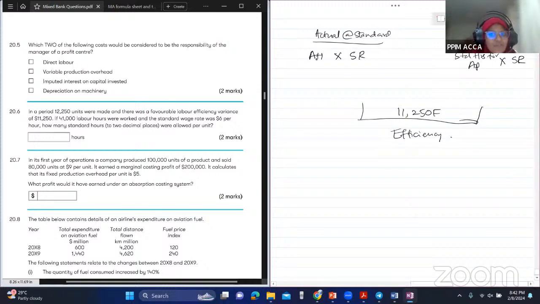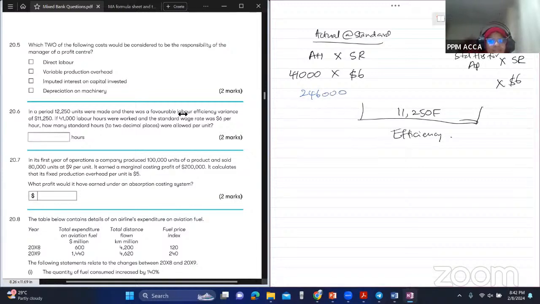So we have actual hours here, right? The actual hours worked is 41,000. They are also saying the standard wage rate was 6 per hour, so the standard rate is 6. Here again, it's asking for standard rate, so we can put 6. Let's take a total here: 41,000 into 6 will be 246,000.